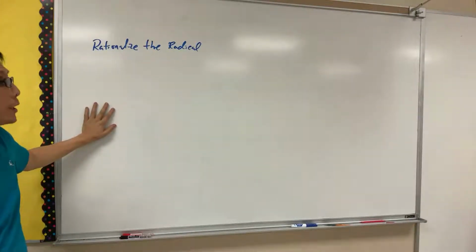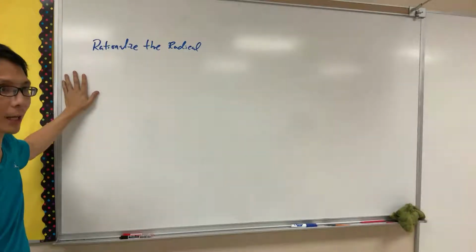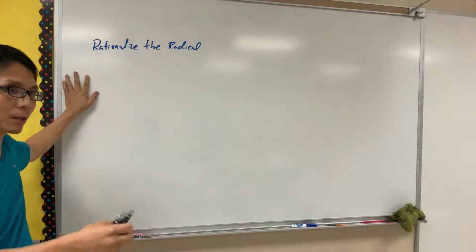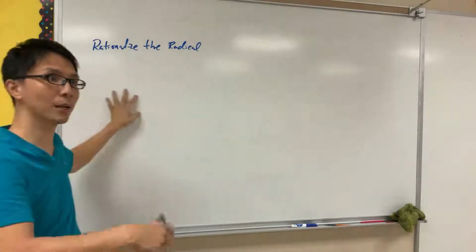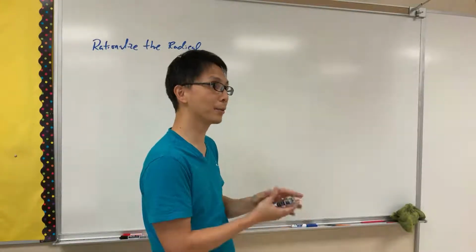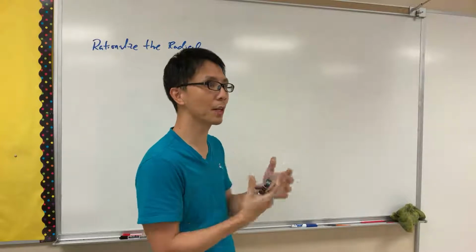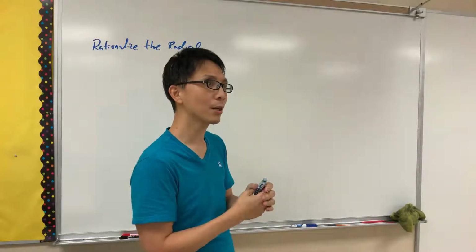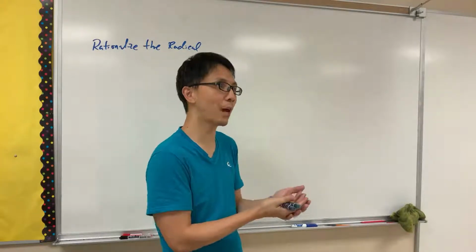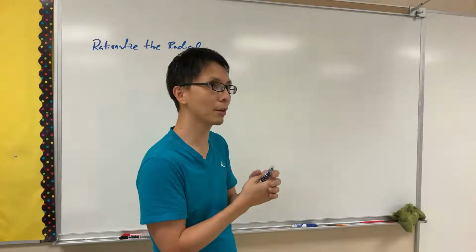So, rationalize the radicals. A lot of times a teacher told you, in algebra 2, we tend to tell you that you should not have a radical in the denominator. You should always rationalize the denominator radicals. But the truth is, they are the same answer. You're not changing the answer, you're just changing the format of the answer. So technically, you don't have to rationalize a radical in advanced math. Usually you don't have to.